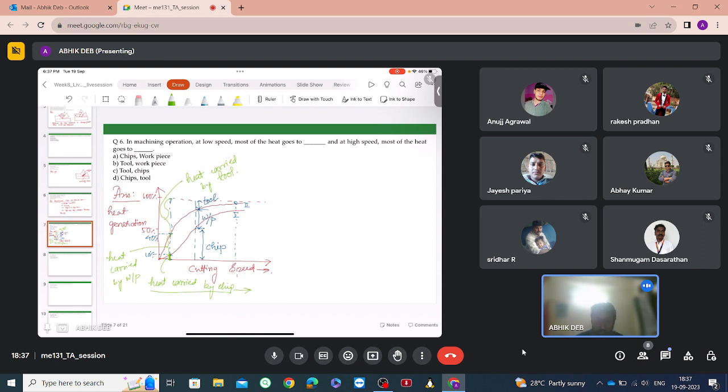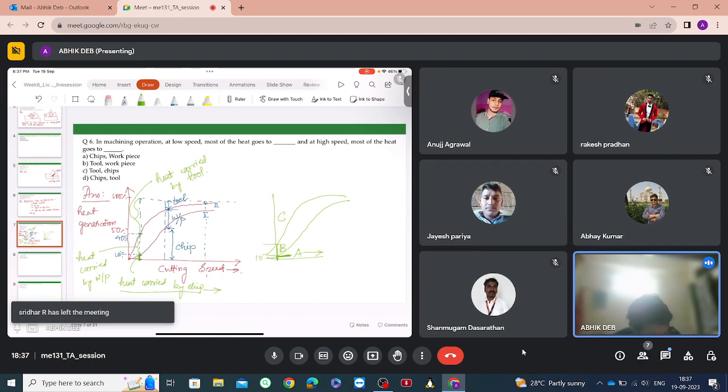I am telling you, from this fraction, suppose this is a curve and this value is given as 10, and this is the percentage of heat being carried away by 1, by a value a, this is value b, and this is value c. Then this value a will be what? If this is 10%, this is 40, just take it as a linear scale, and this is 100.